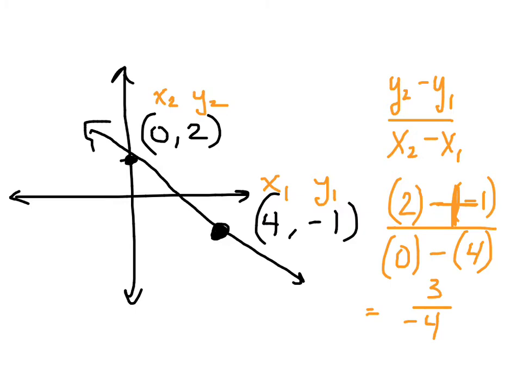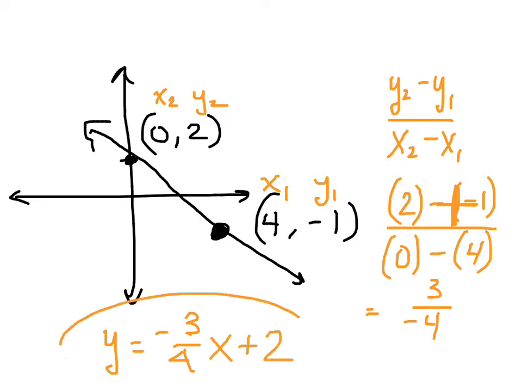So my equation of my line should be y equals negative 3/4 x plus 2. How do you guys feel about that? Good. That's example 2.